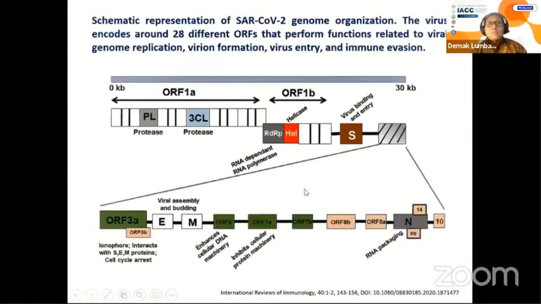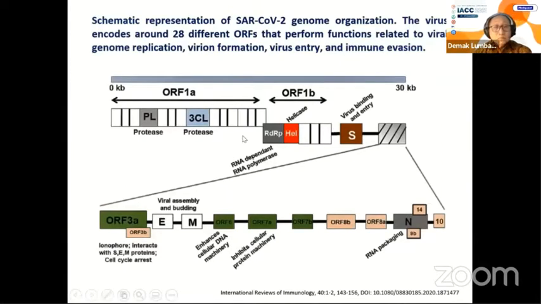This is to move more into the structure. This is the schematic representation of the genome organization. The virus encodes around 28 different proteins that perform functions related to viral genome replication, virion formation, virus entry, and immune evasion.